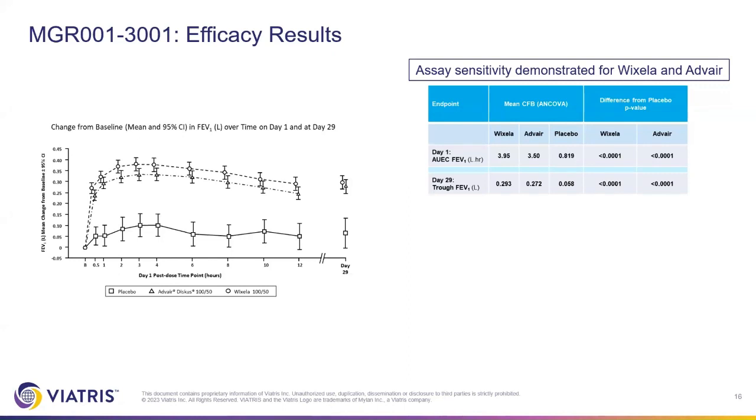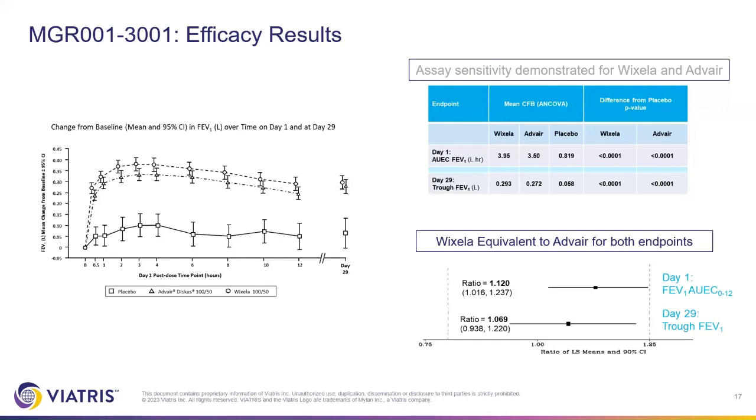Unsurprisingly, we were highly statistically significant for the assay sensitivity analysis, and our geometric mean ratios and 90% confidence intervals fell within the 80 to 125% acceptance criteria.